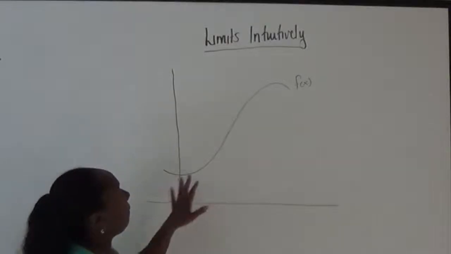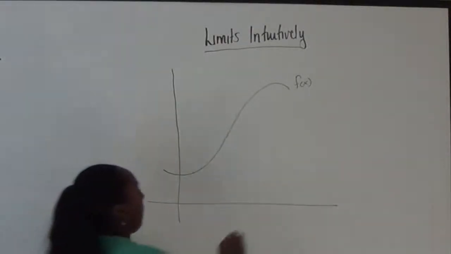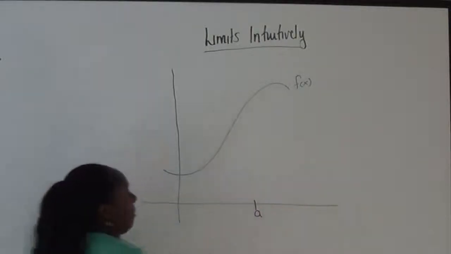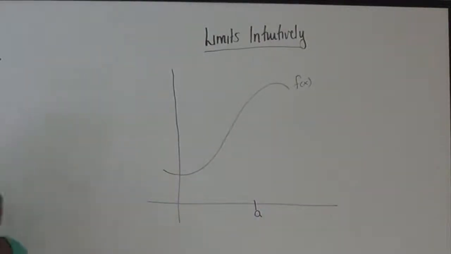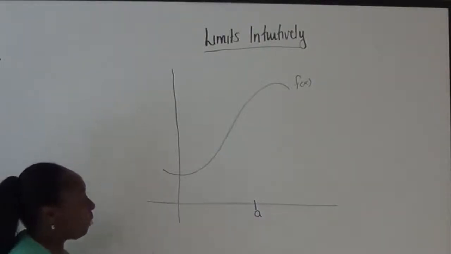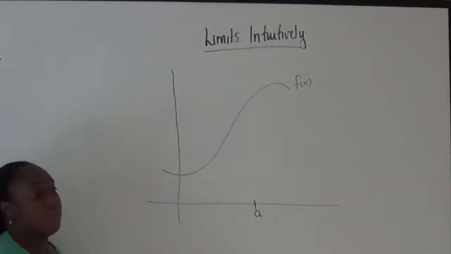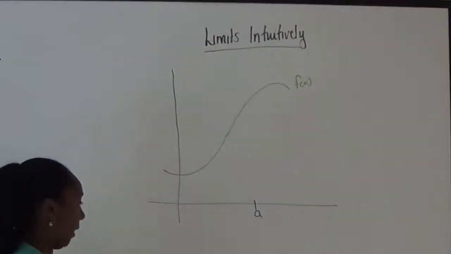Okay? So if I have a generic function f of x, and I have some point A somewhere in the domain of the function, then what I mean by finding the limit is to look from every direction I can around A and determine what the function value is doing as it approaches the x-coordinate that I'm looking at.